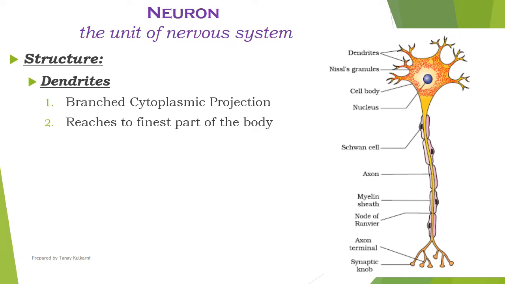Every dendron has divided into many sub branches, and those sub branches are called dendrites. Now in the diagram, these are the Nissl's granules, which contain certain chemicals required for the transmission of impulse. Correct? Cell body is also known as perikaryon, or it is also called cyton.